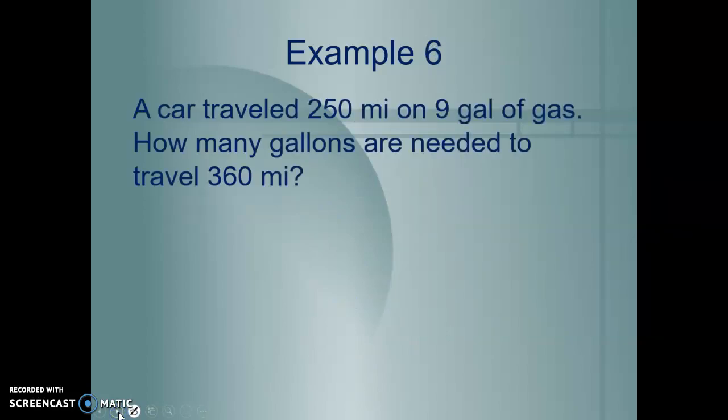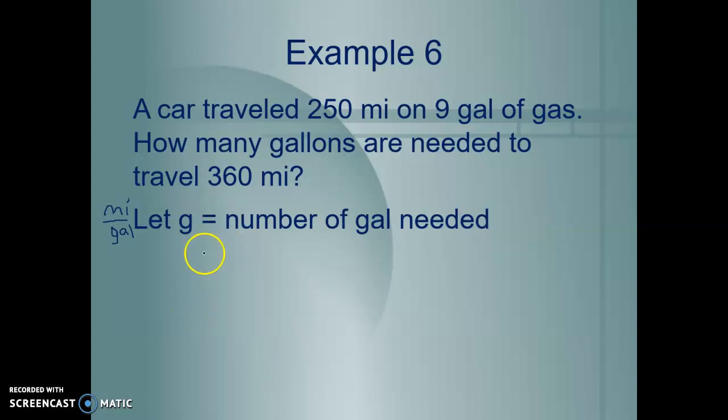Let's look at a real-world example where a car travels 250 miles on 9 gallons of gas. So we're going to set up our proportion with miles and gallons of gas as our 2 units of measure. How many gallons are needed to travel 360 miles? So we're going to use G as our variable here for how many gallons of gas we need.